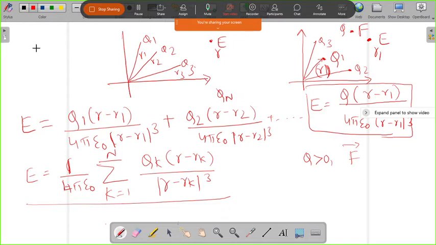Okay, so now this is about the electric field strength. So now we'll do one problem, where we can find out both the force and the electric field strength due to two or three charges.